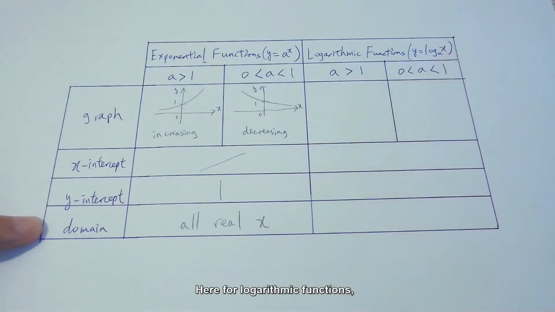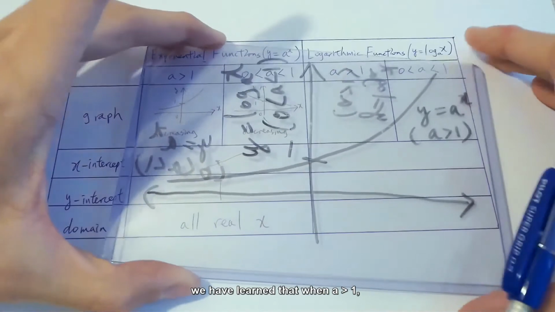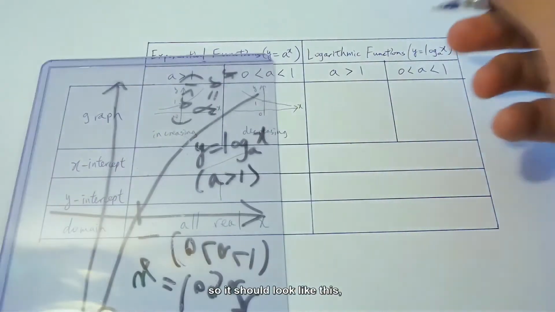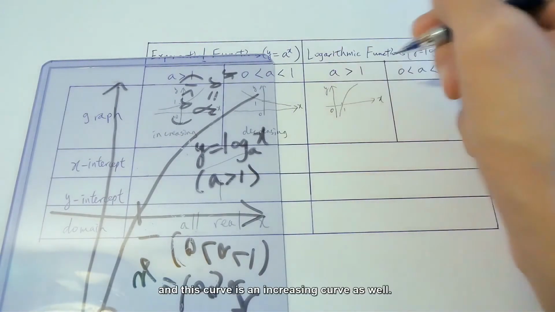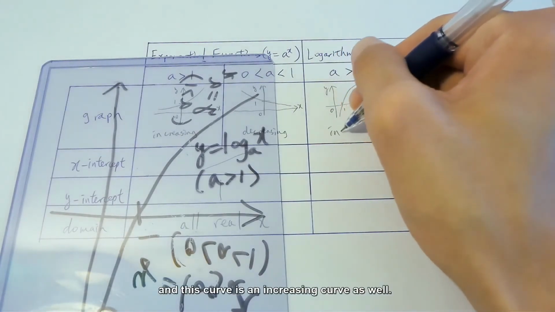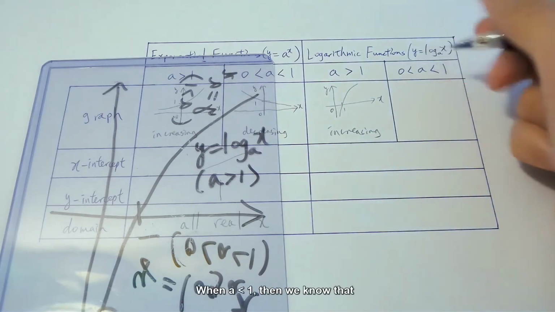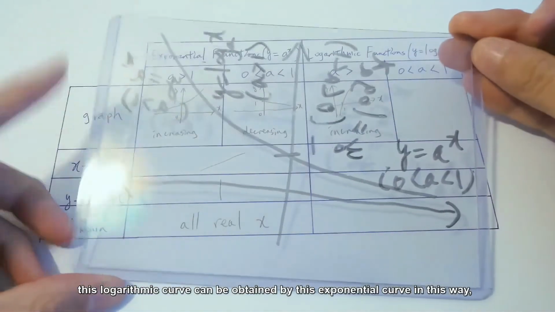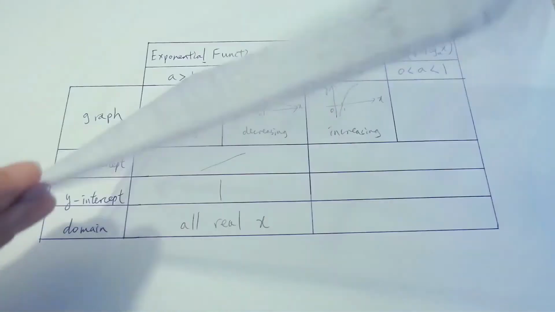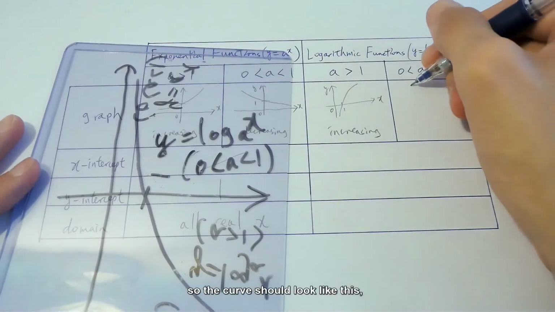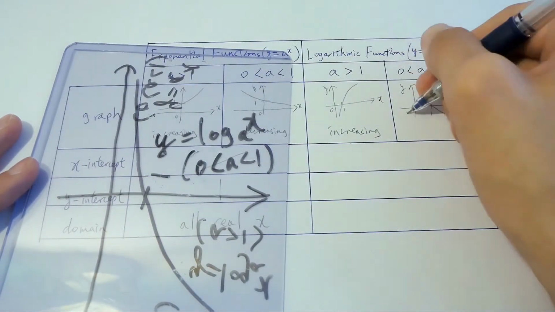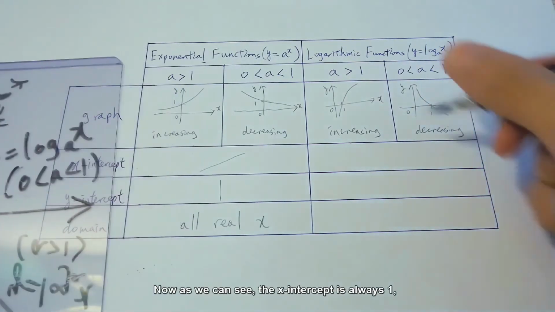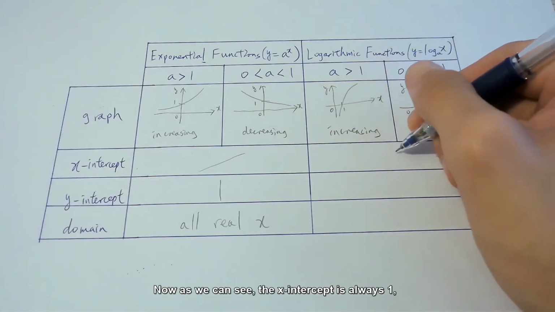Here for logarithmic functions, we have learned that when a is bigger than 1, its curve can be obtained by this one. So it should look like this. And this curve is an increasing curve as well. And when a is smaller than 1, then we know that this logarithmic curve can be obtained by this exponential curve in this way. So the curve should look like this. And this will be a decreasing curve. Now as we can see, the x-intercept is always 1.